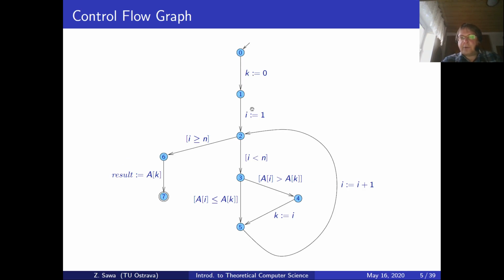So this processed part of the array consists of just the element on position 0, and after every iteration we add one element to this processed part, and at the end, when i will be equal to n, the whole array will be processed, and k will point to the maximal element in the whole array.